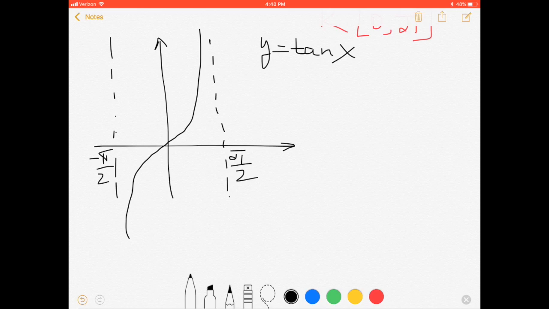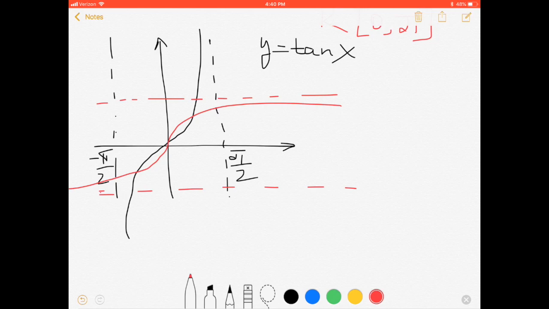Okay, here, if you build something symmetrical, this means your two vertical asymptotes move to two horizontal asymptotes. This means you have two horizontal asymptotes, pi over 2 and negative pi over 2, and your inverse function will be something like this.